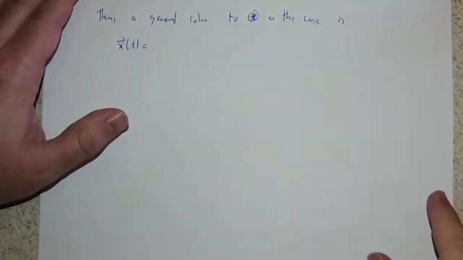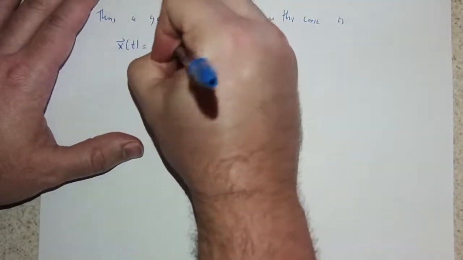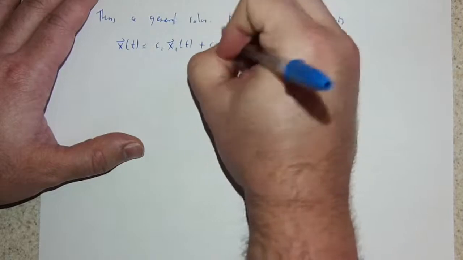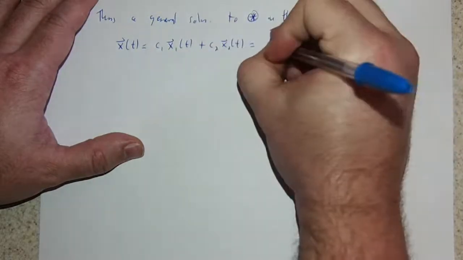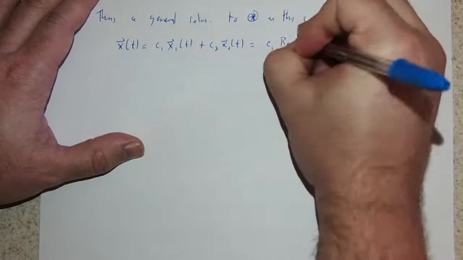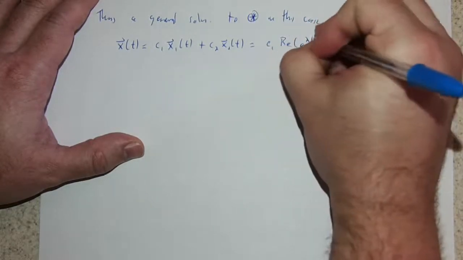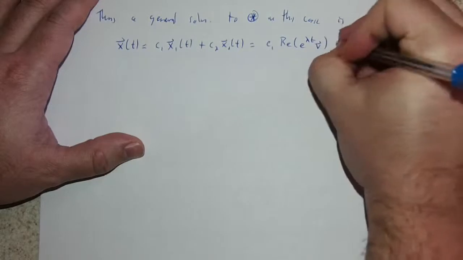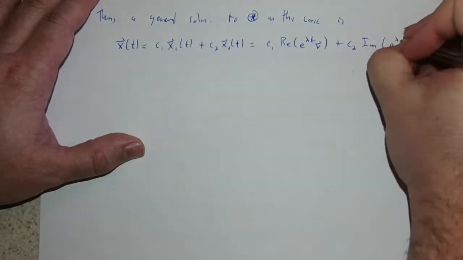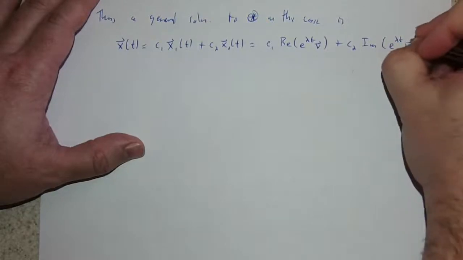x of t, which is c1 x1 of t plus c2 x2 of t, which is c1 times the real part of e to the lambda t times v, plus c2 times the imaginary part of e to the lambda t times v.